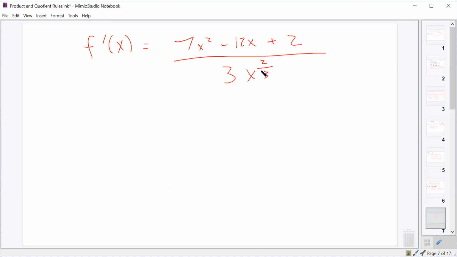When is a fraction undefined? When the denominator is 0. So f prime is undefined if 3x to the 2/3 equals 0. Well, what x value makes that true?